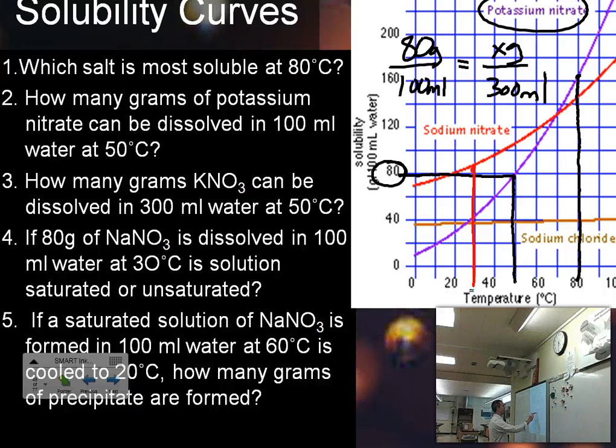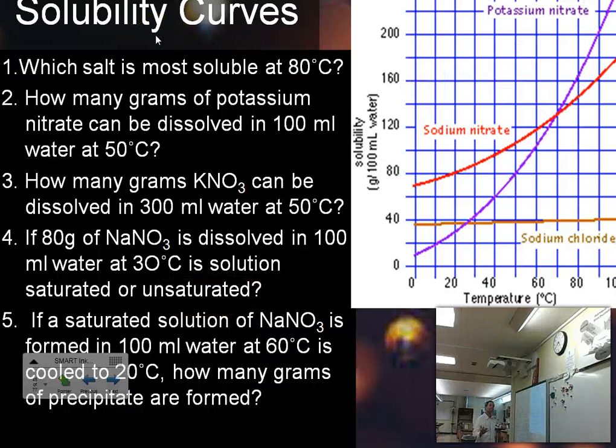And then I extrapolate over and I look and say, okay, what do we got there? So if I have, how much can it hold? It looks like I can hold over 80 grams, so like maybe 82, 85, depending on how I mark the curve. So if I've got 80 grams, okay, and it can hold 82 or 85 grams, clearly I am below that max. So in this case, my answer would be unsaturated.